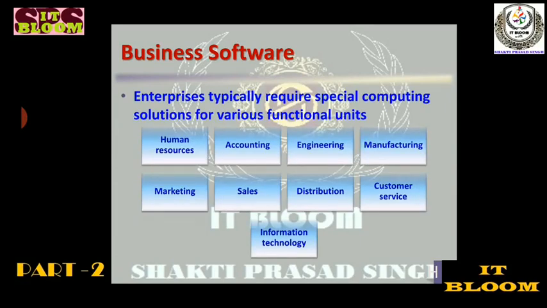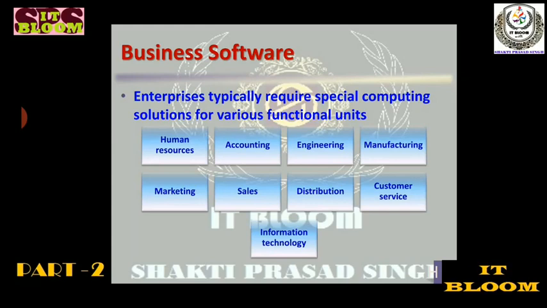businesses typically require the following computing solutions for their various financial units. All business units want to maintain this basic information, which is functionally workable in all types of business units.